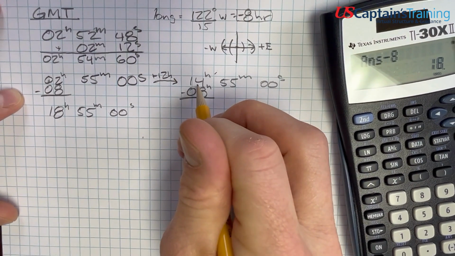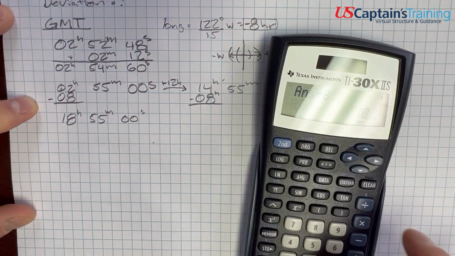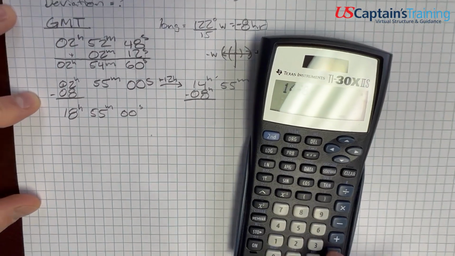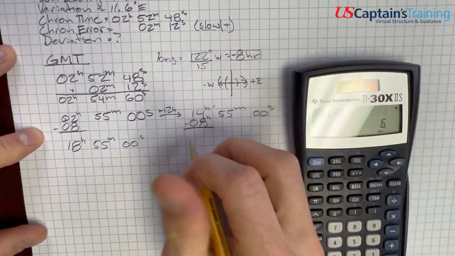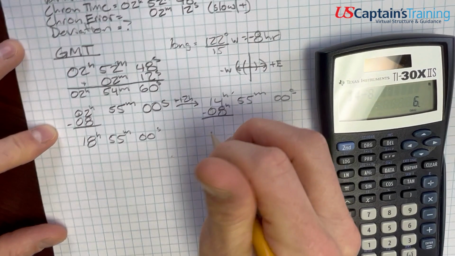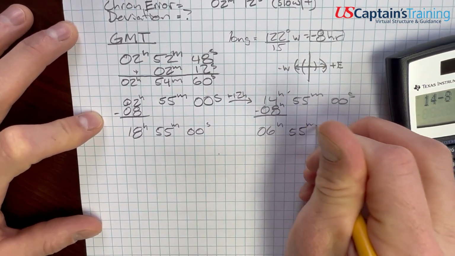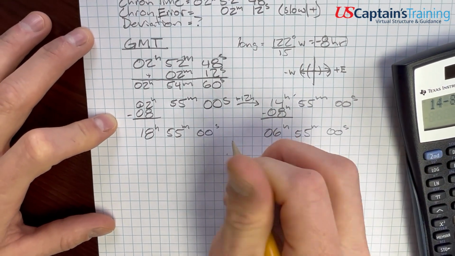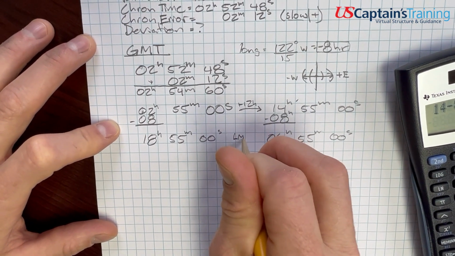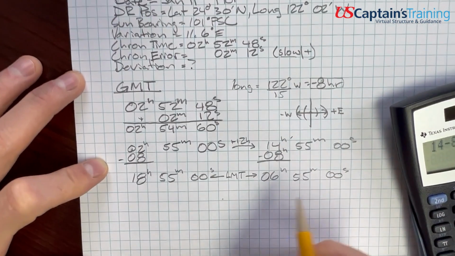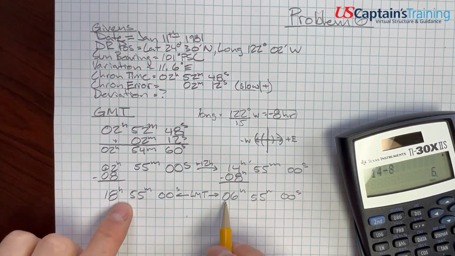Or 14 minus 8 is simply 6, so 6 hours, 55 minutes, 00 seconds. Which approximate local mean time, because we didn't account for minutes, are we in?